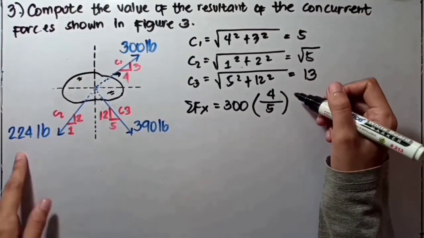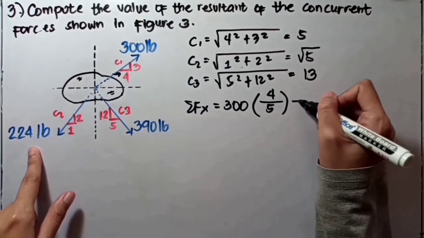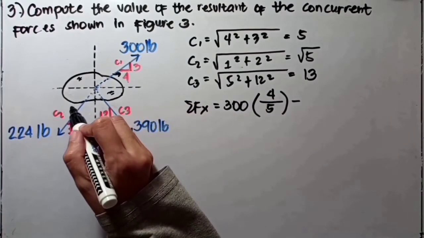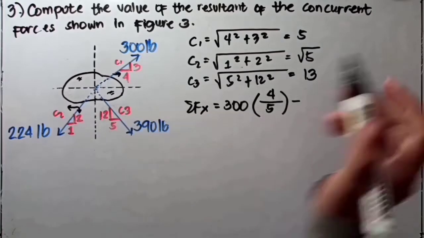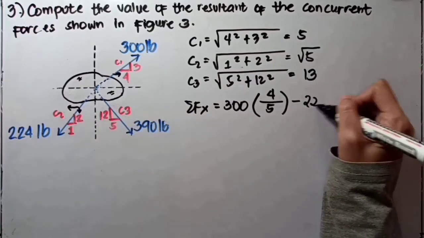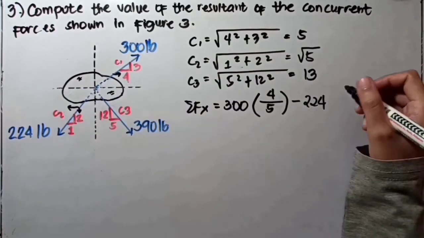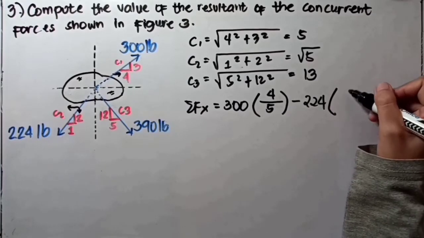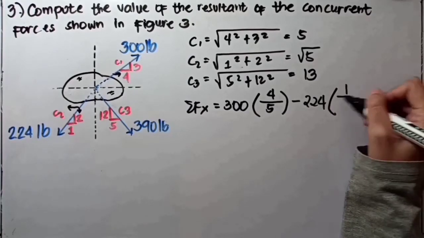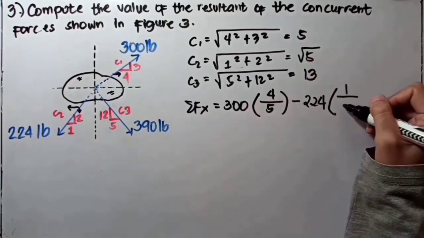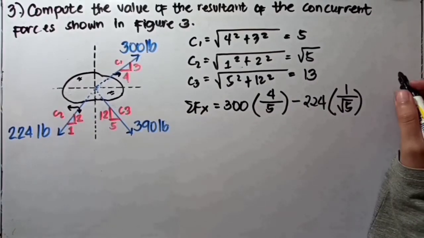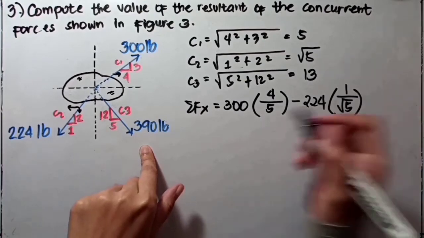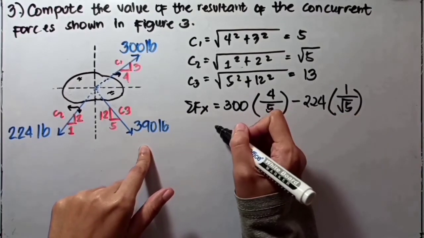Now, for the 224, magiging negative siya kasi ang x component niya is going to the left, and then ang y component naman is going down. So, for 224, we have times the numerator, which is the x slope 1 over the square root of 5, yung kanyang hypotenuse.